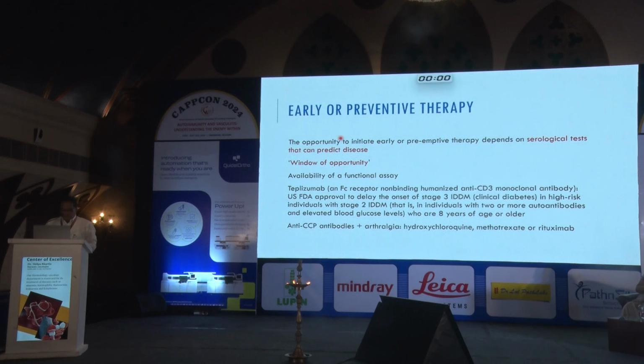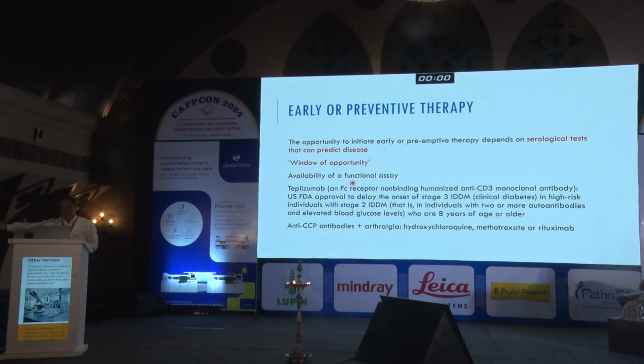And this is very important because we have an opportunity to treat the patients even before the disease manifests. So there's a window of opportunity, but we need availability of a functional assay. I'll take an example here. Diabetes, for example. If the patient is positive for autoantibodies, anti-insulin or GAD65, and the patient has impaired glucose tolerance, now we have a functional assay here.